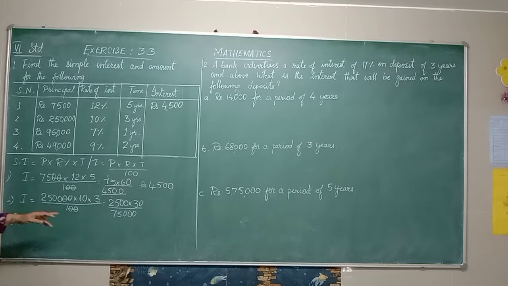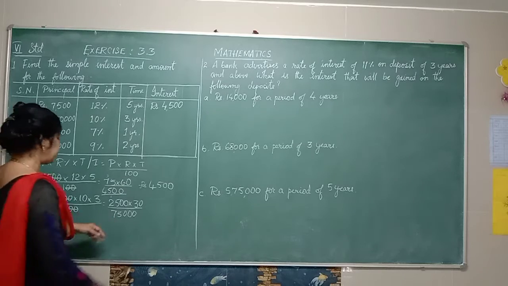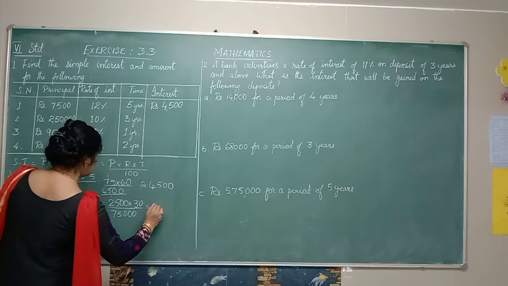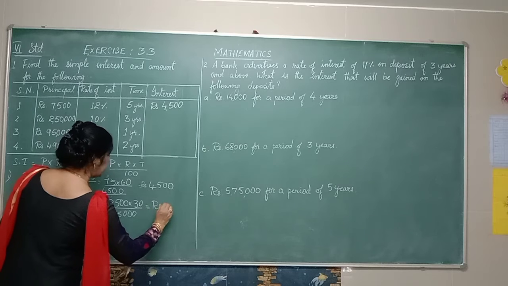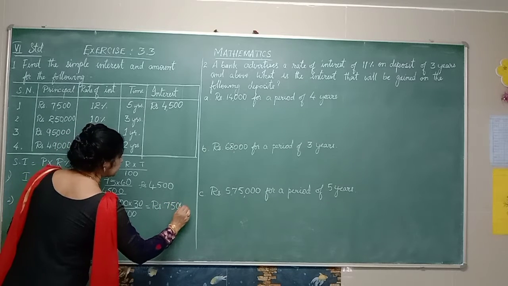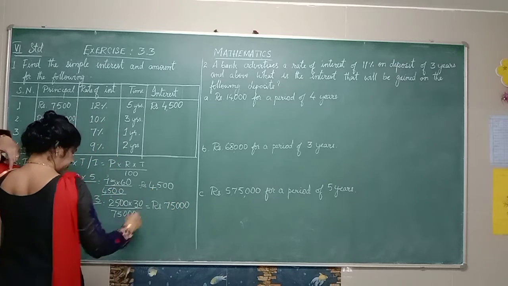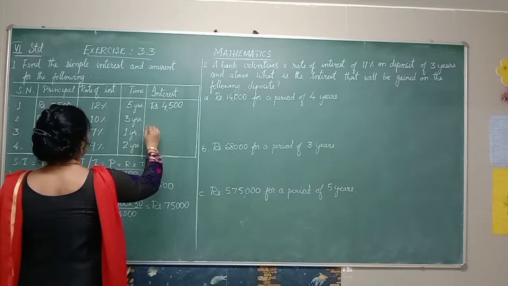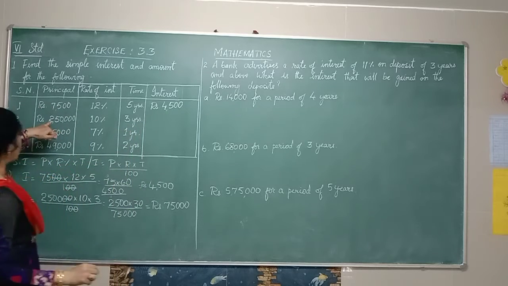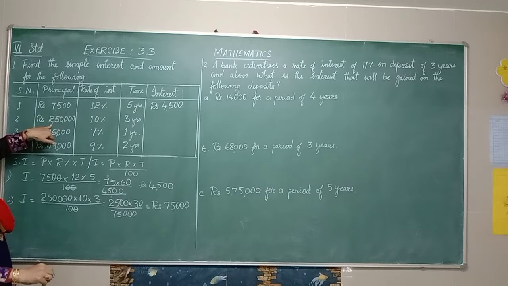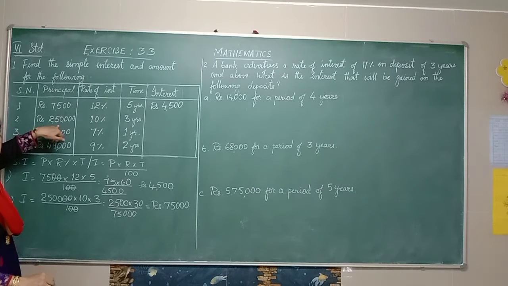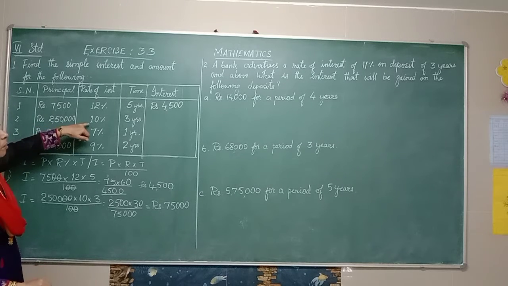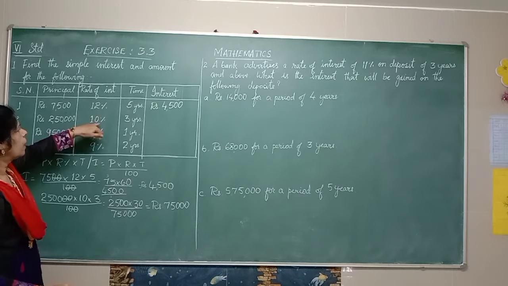Now the interest the person is going to get is rupees 75,000. Understood? Here you can see that the person had deposited an amount of 2,50,000 in the bank, and the bank promised to give 10%.